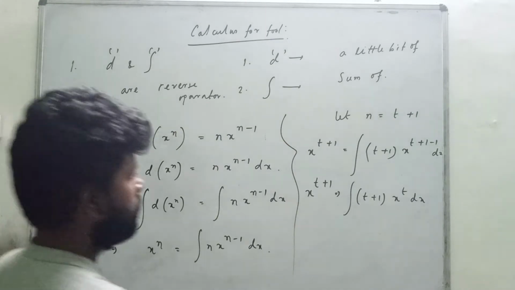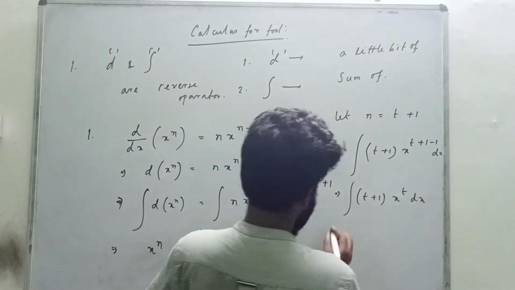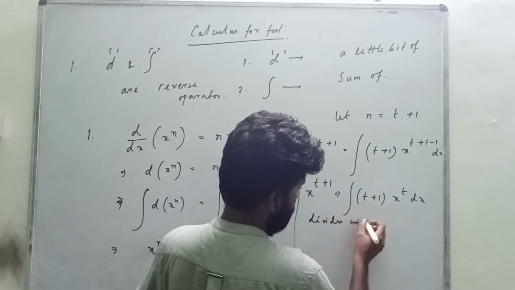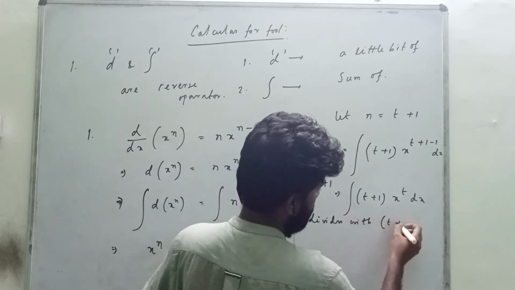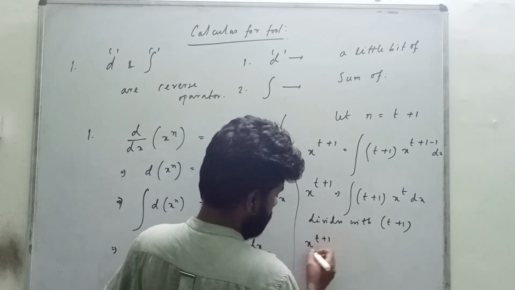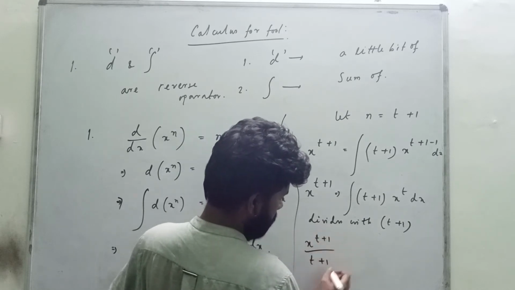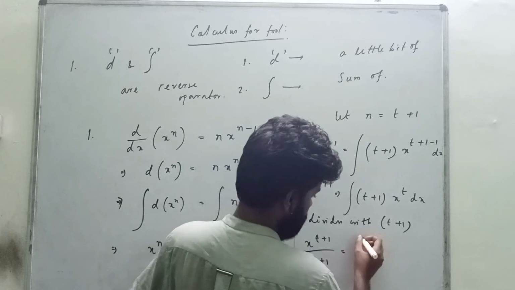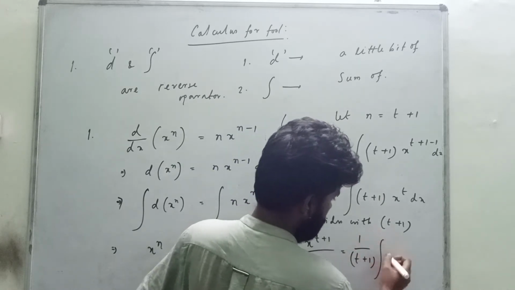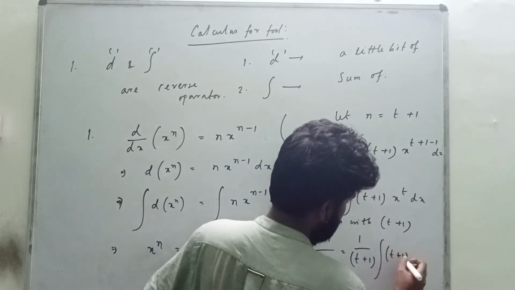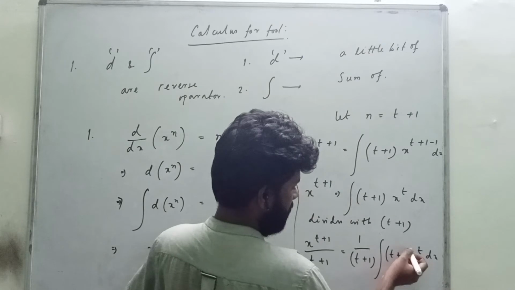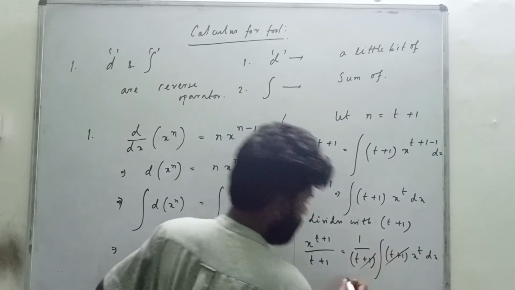Then if you divide with t plus 1, what will you get? t plus 1 over t plus 1, and here 1 by t plus 1 times the sum of (t+1) x^t dx, and obviously t plus 1 cancels out.